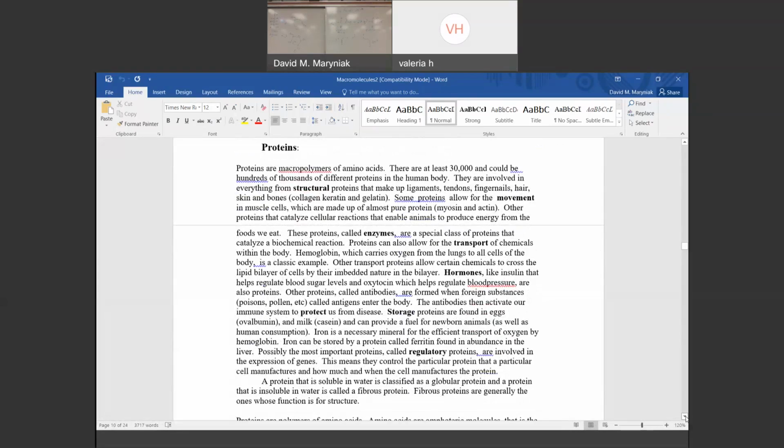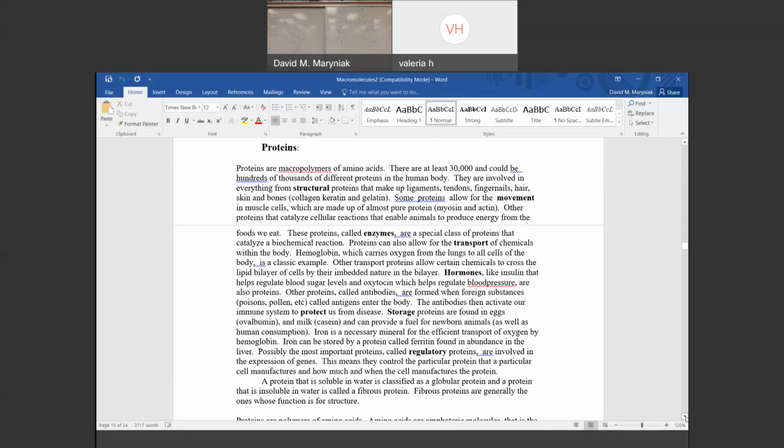No. Is RNA a protein? No. Is hemoglobin a protein? Would you say it's important to life? Why? Because it's an oxygen carrier in the blood.